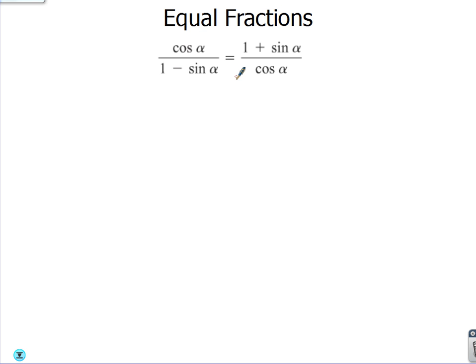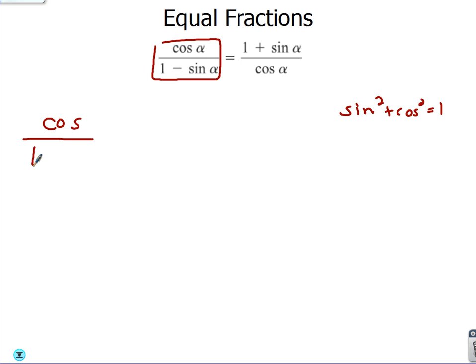Now, let me show you a little trick that helps with this. Keep in mind, sine squared plus cosine squared equals 1. Always keep that in the back of your mind. So I'm going to take one side and try to transform it into the other. I usually try to do the one that's got the binomial on bottom. So I'm going to take cosine over 1 minus sine, and look what happens when I multiply by the conjugate.